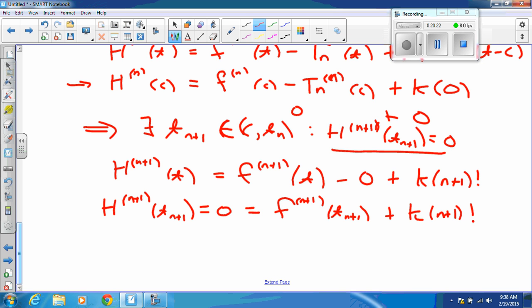And this lets us solve for k, finally. K is equal to negative that, just like so.